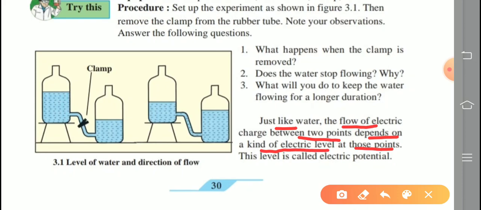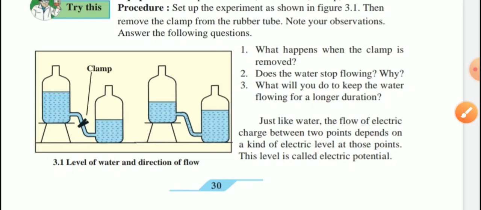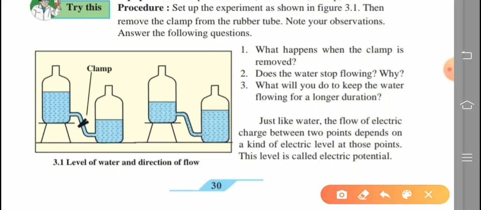So what do you mean by electric potential? Instead of the word level, we use the word electric level. The electric level is called electric potential.